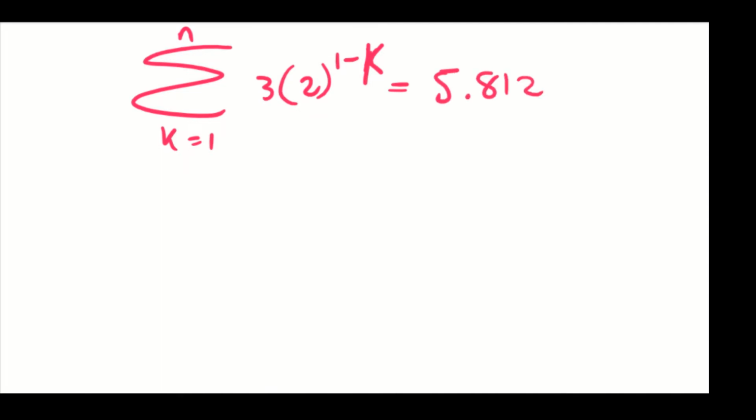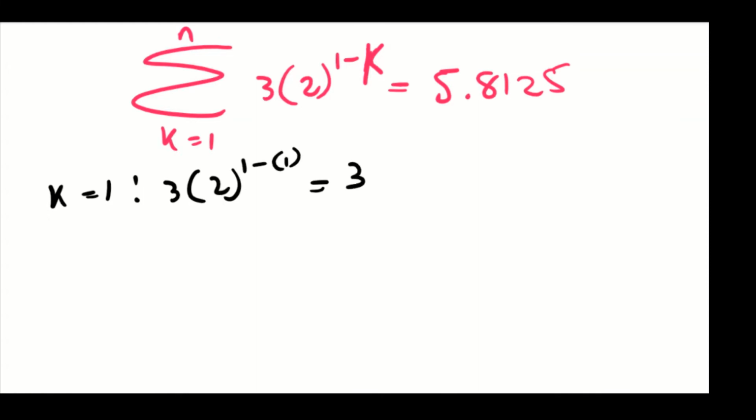So we have the sum at the top n, k equals 1, and you have 3 into 2 to the power of 1 minus k, and you're told that it is equal to 5.8125. So the first thing you're going to do is, when k is equal to 1, 3 into 2 to the power of 1 minus 1 is equal to 3.